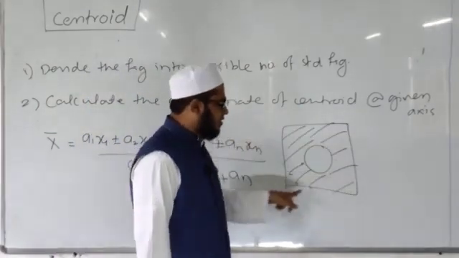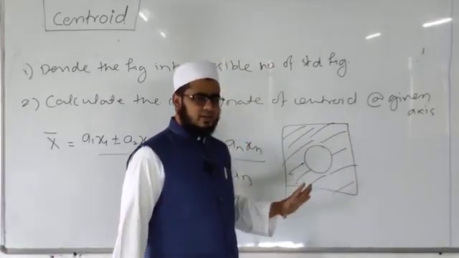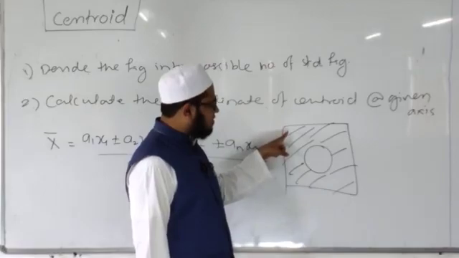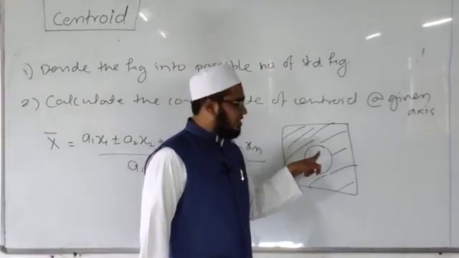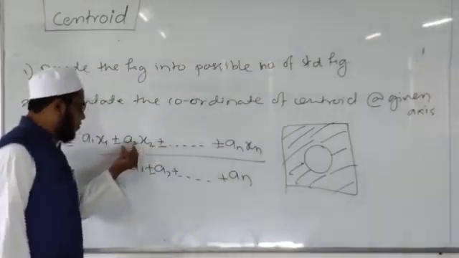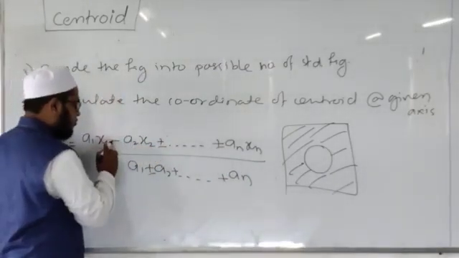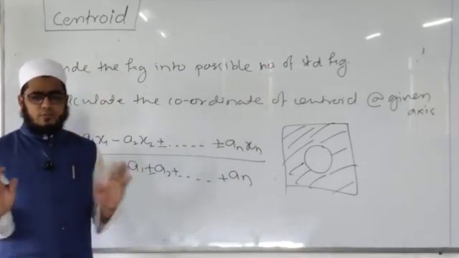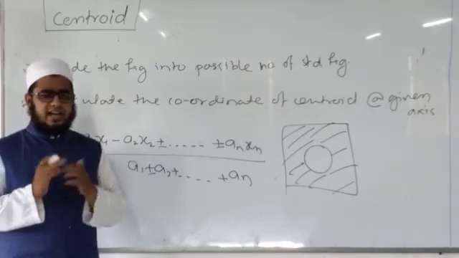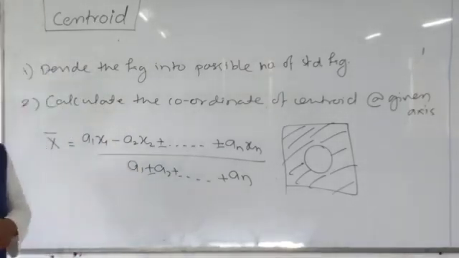Here it is a rectangle and a circle. These two standard figures are possible. But the rectangle has mass and the circle is a hollow part. When we put the area of the circle, we will use a negative sign because it doesn't have mass. A hollow part should have a negative sign, and if mass is present, then we consider a positive sign.